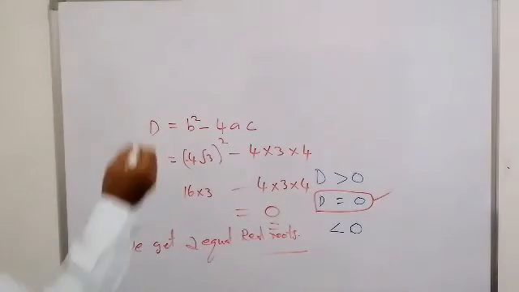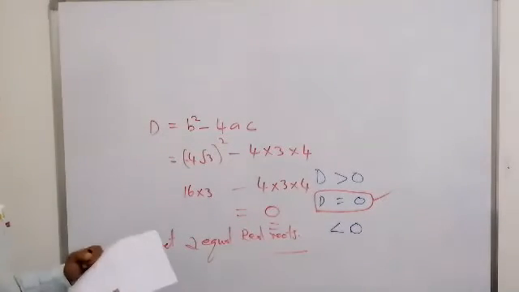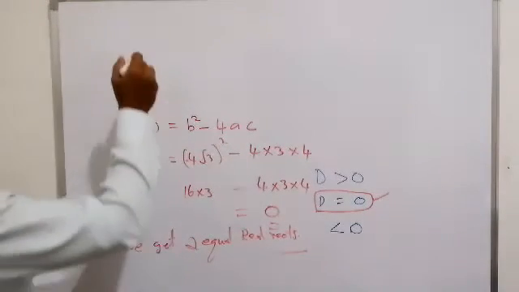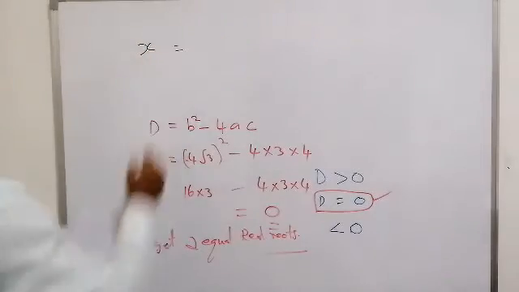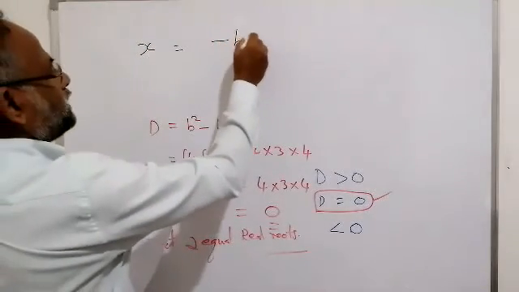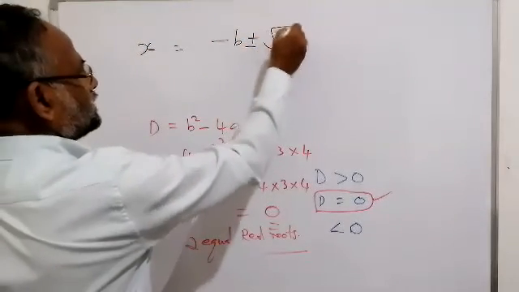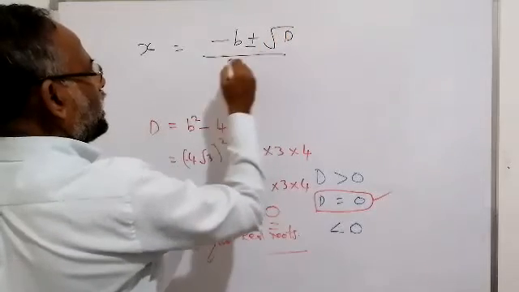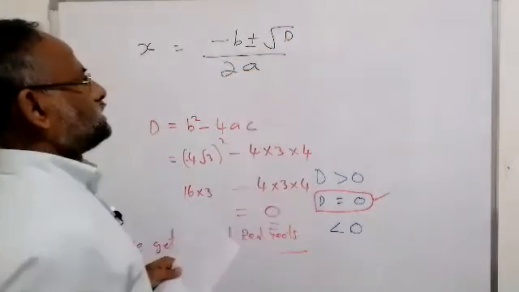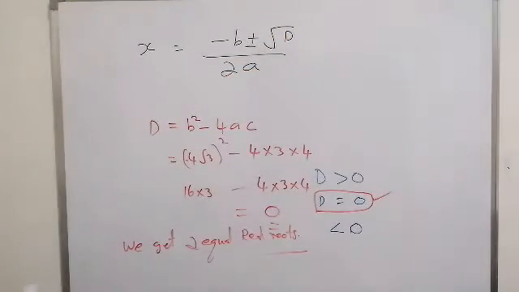Now, the formula: x is equal to minus b plus or minus root of d by 2a. Quadratic formula. You can write the formula afterwards. Now you can apply this one. Minus b plus or minus root of d by 2a. Now I am proceeding.